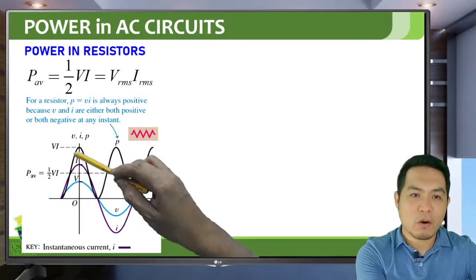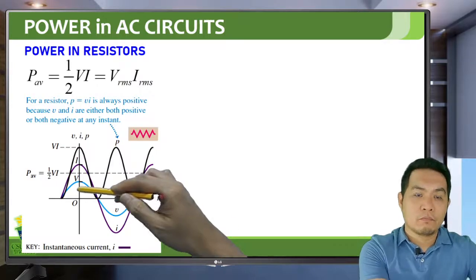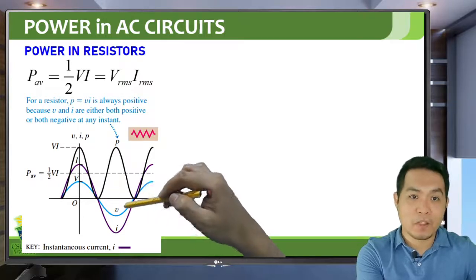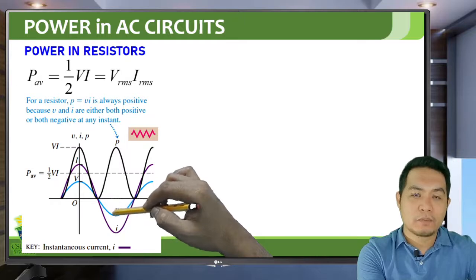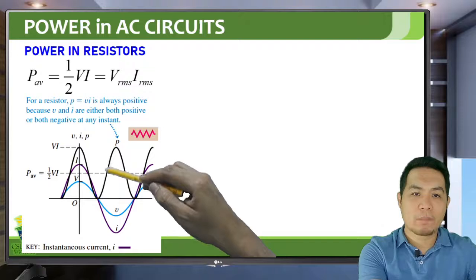And the power is actually always positive because they both have the same sign at the same time. They can be both negative, they can be both positive. So the power is always positive.